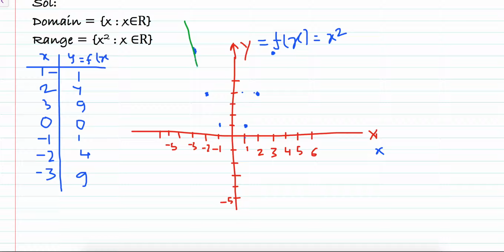So we will join these points. For 0 we have 0, so it should pass through the origin. So it will be more like this. So this is the graph of the function f(x) equal to x square.